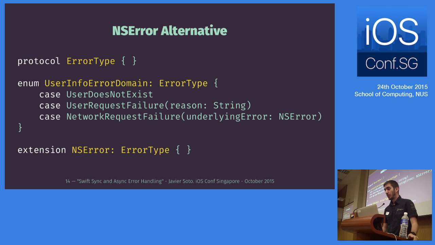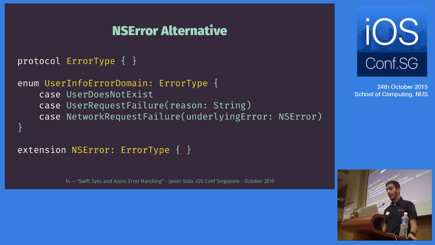This error type protocol was introduced in Swift 2, but Reactive Cocoa, which is a framework that I really like, introduced it before Swift 2. And I was really happy when Apple added this to the standard library. I really like this pattern because it allows other things other than NSErrors to be errors.